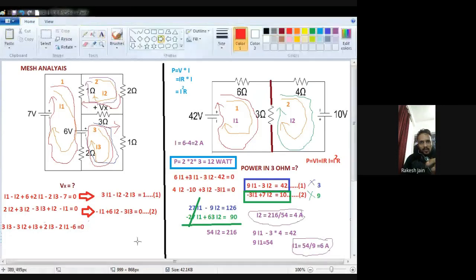Can you understand this? So I write down the equation.